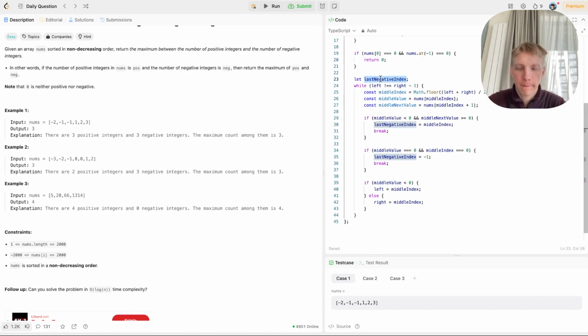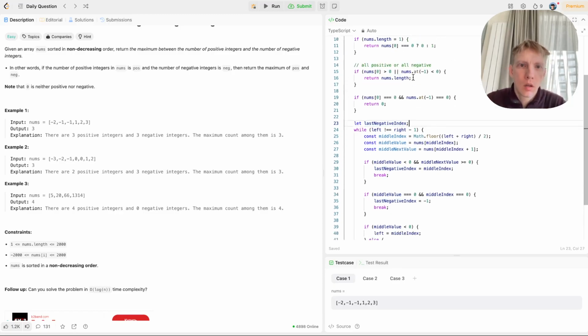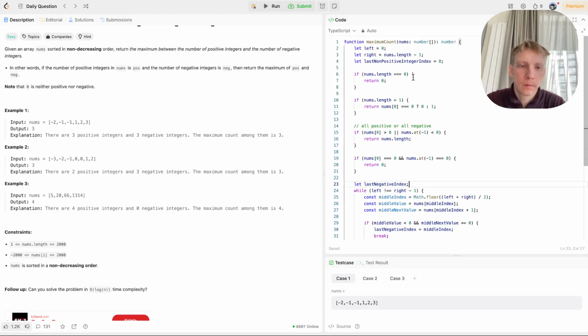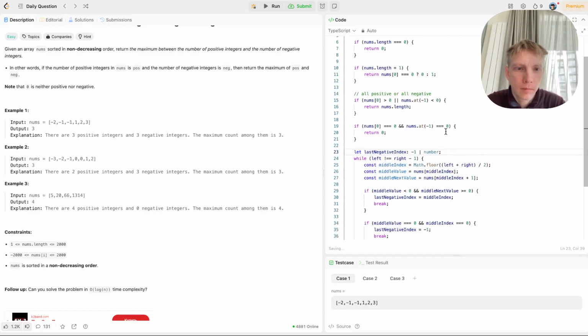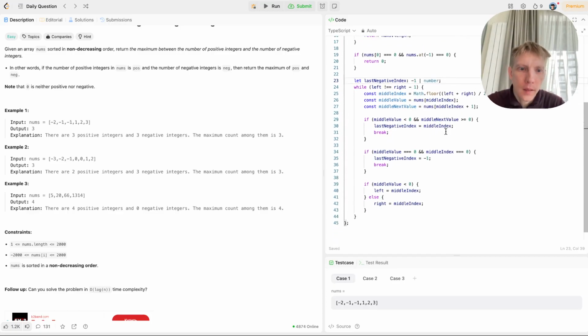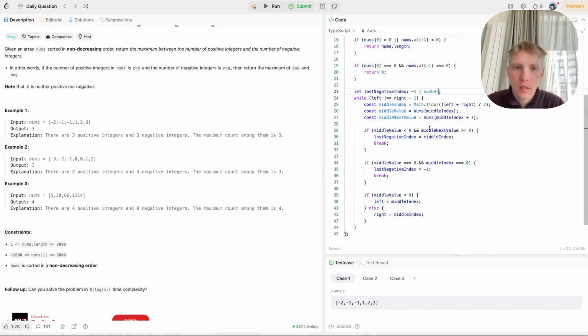Okay, now we have last negative index, which could be minus 1, as we know. Yep, and we were writing TypeScript. We don't want to forget this. Minus 1 or number. Okay, what's next?